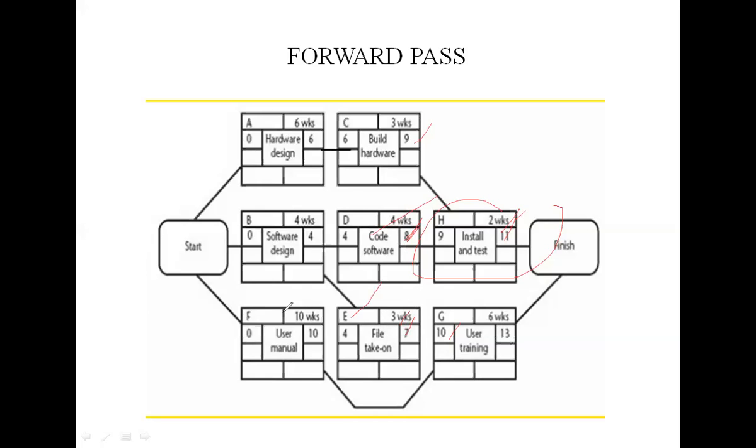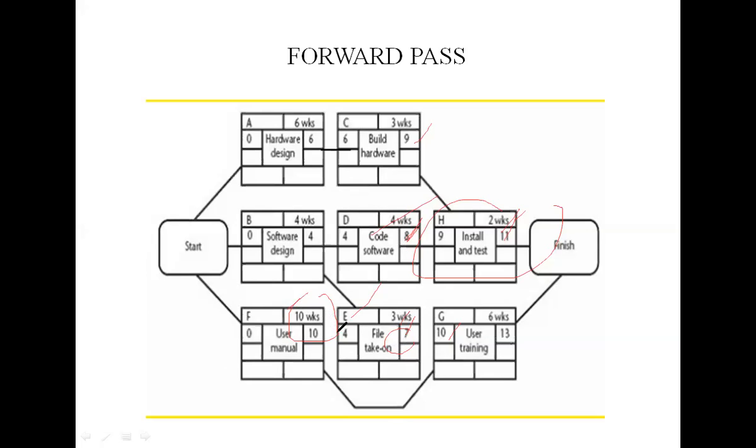And activities E and F are completed by week 10. So the start date week 7 is 10 minus 3, and respectively 0 is nothing but 10 minus 10.